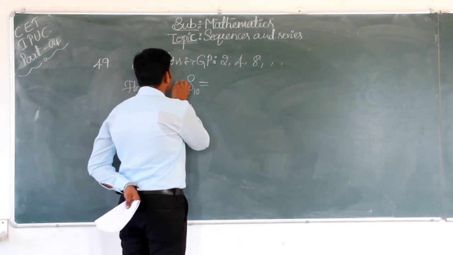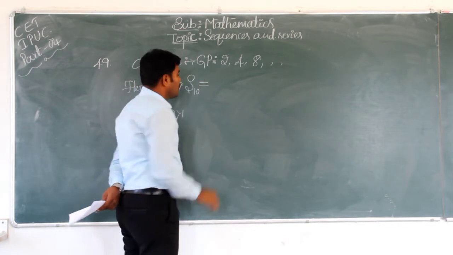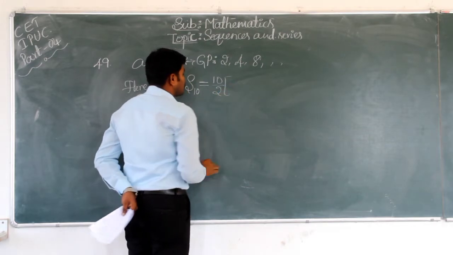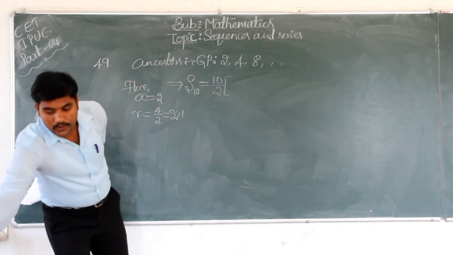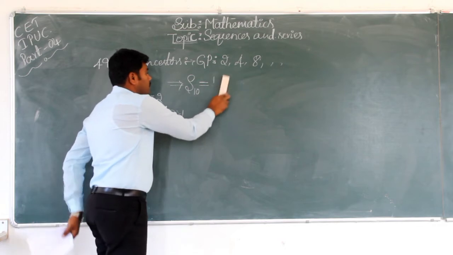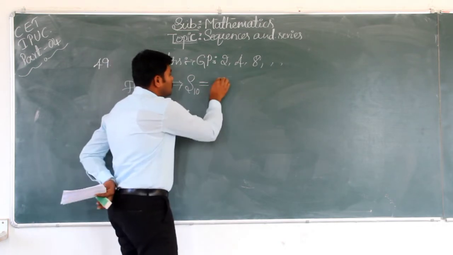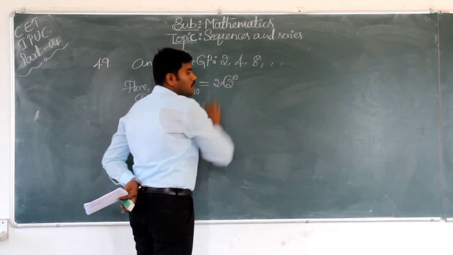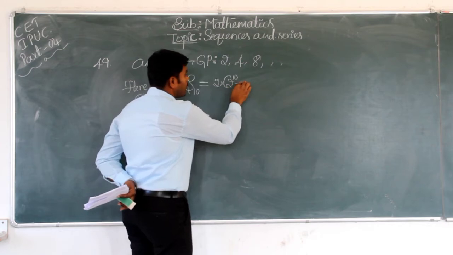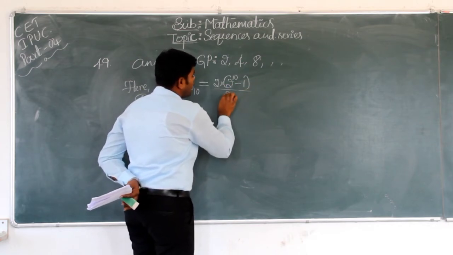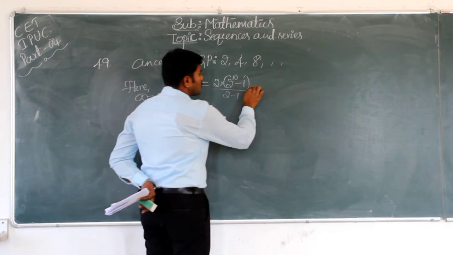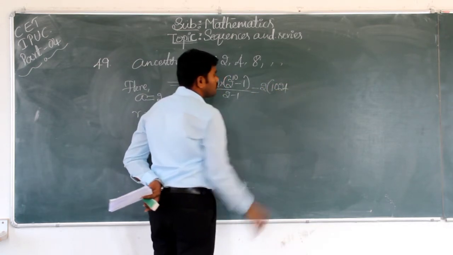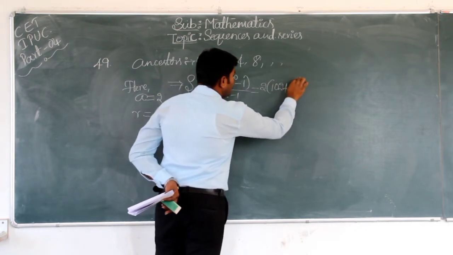Here a means 2 into r to the power of n, that is 2 to the power of 10 minus 1 upon 2 minus 1. See, 2 to the power of 10 is 1024 minus 1, upon 2 minus 1.